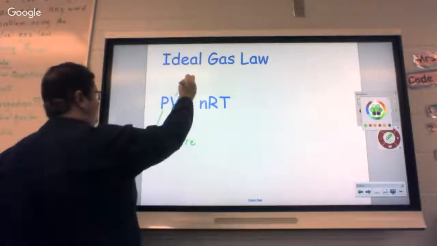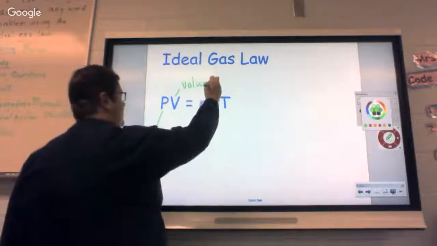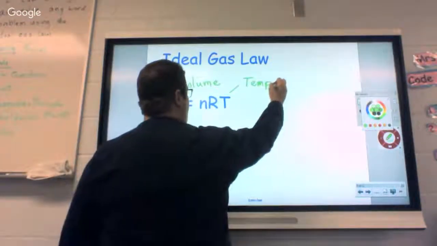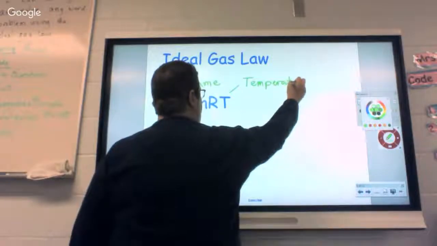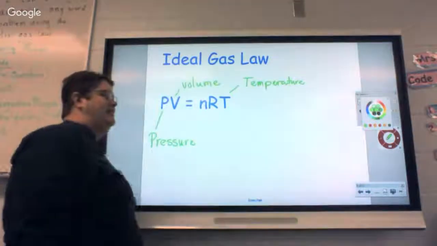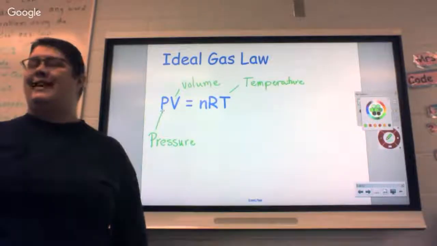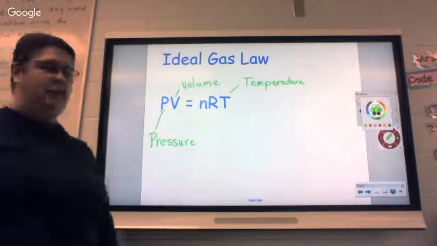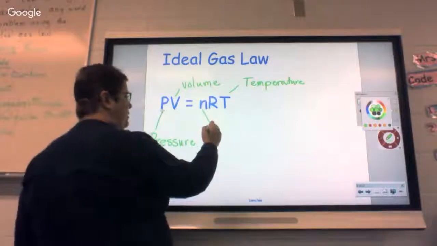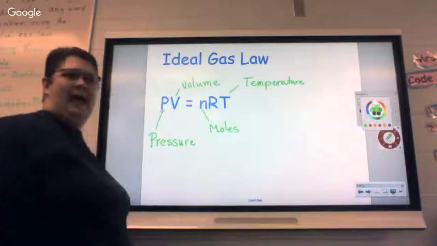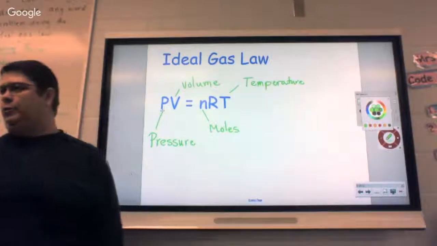Now, these things still stand for that. But the other 2 letters are new. And this formula is different from the others because this formula has designated units. So, N stands for moles. Why is N moles? Well, M is used for what variable?